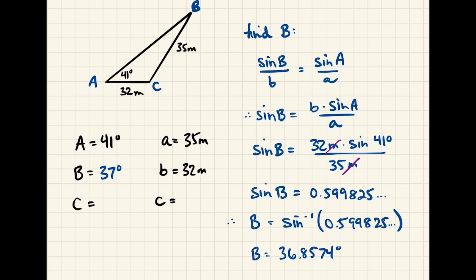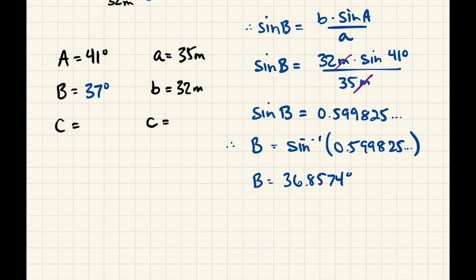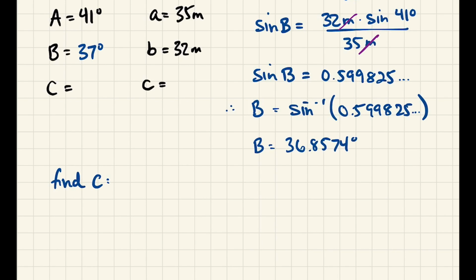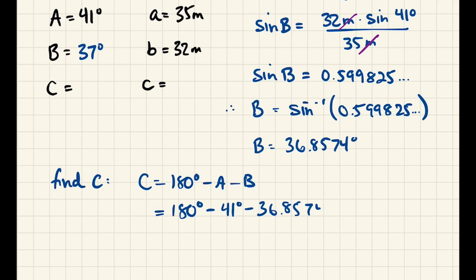And we'll round it to the precision of the other angles in the problem for our final answer. Now we can find capital C. So of course we know capital C is 180 degrees minus capital A minus capital B. And because we're using B in a calculation, we should use the calculated version of it. So I get 102.143, which we'll write in our final answer up here as 102 degrees.